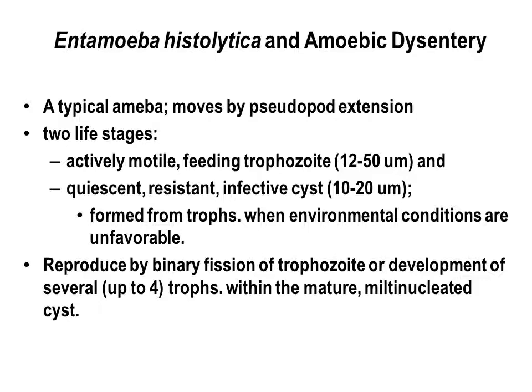It has two life stages: the actively motile, feeding trophozoite, which measures 12 to 50 micrometers, and the quiescent, resistant infective cyst, measuring 10 to 20 micrometers, formed from the trophozoite when environmental conditions are unfavorable.